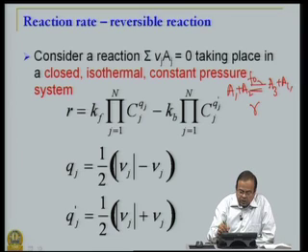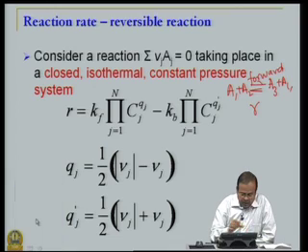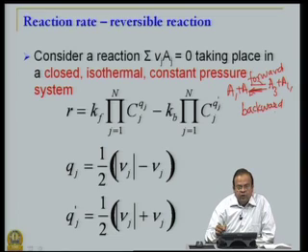We call this reaction the forward reaction. So, this is my forward reaction, from left hand side to right hand side, and this is my backward reaction, from right hand side to left hand side.